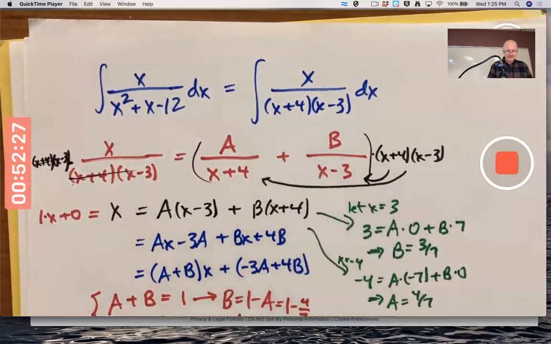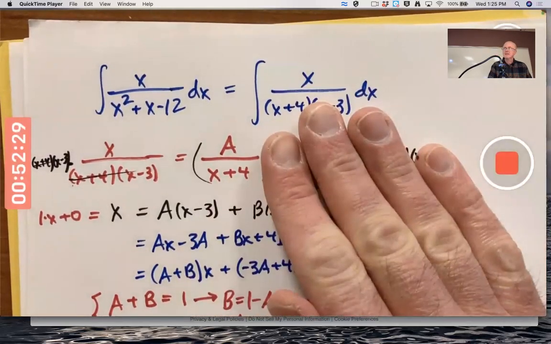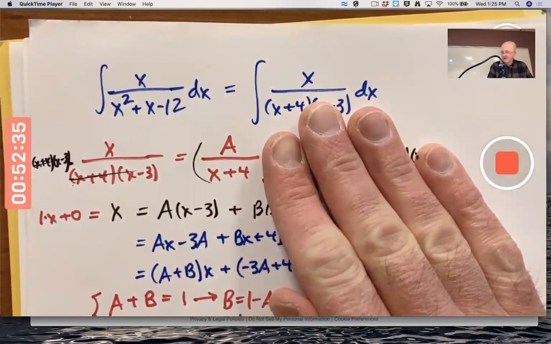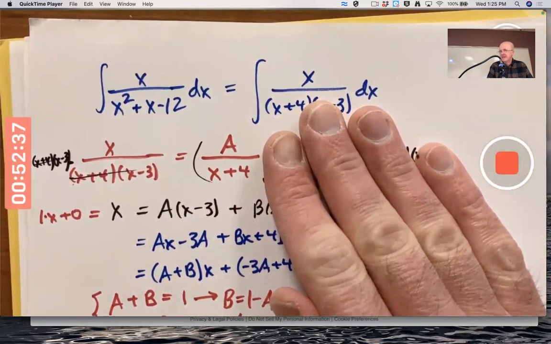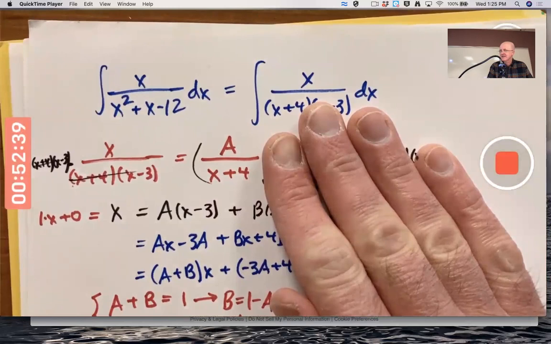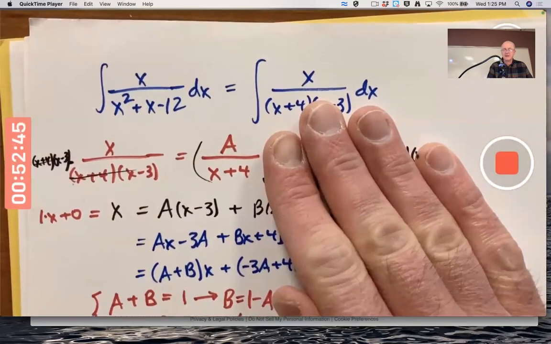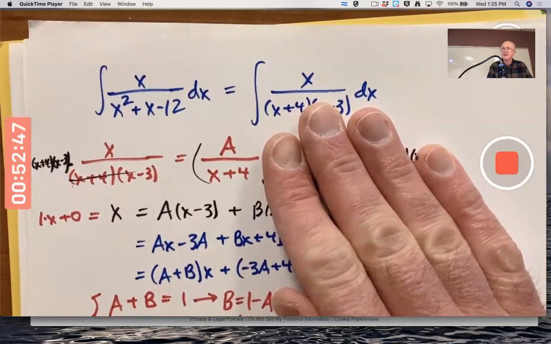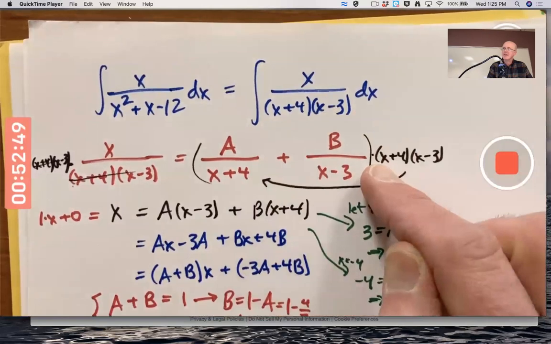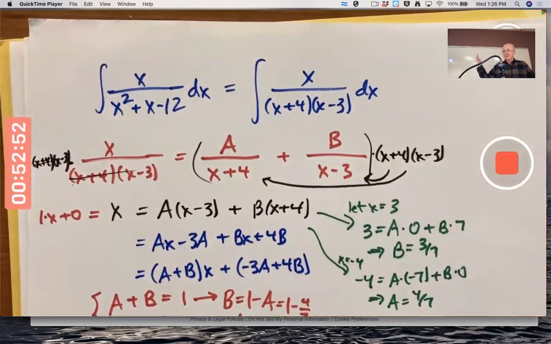If you want to be careful about it, you could let w equal x plus 4. You'd be integrating a over w. dw would be the same as dx. You get a times the natural log of the absolute value of w, which is a times the natural log of the absolute value of x plus 4. Similar kind of thing there. That's why we're doing this. Makes the integral easier to do.